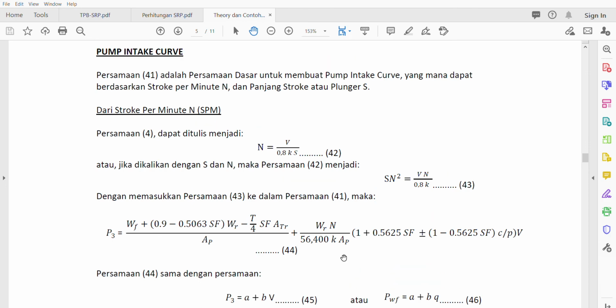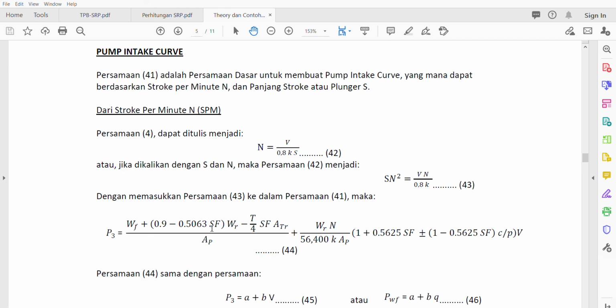So if we see the V going up here, this is the equation, this one is an A, this one is a B. So what we have is, if we have a certain N stroke per minute, okay, this is stroke per minute, we will have this equation for a certain stroke per minute, because everything is given.